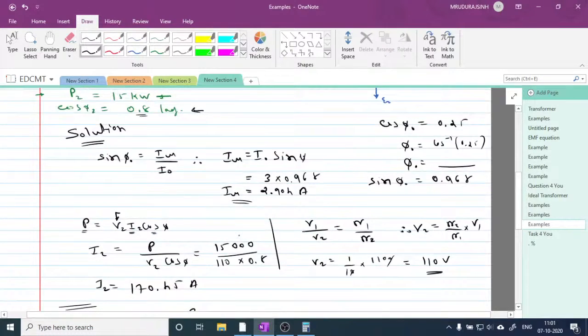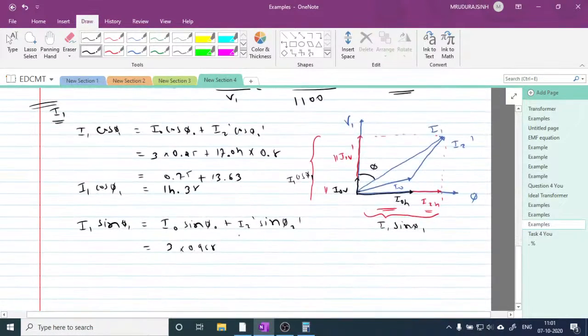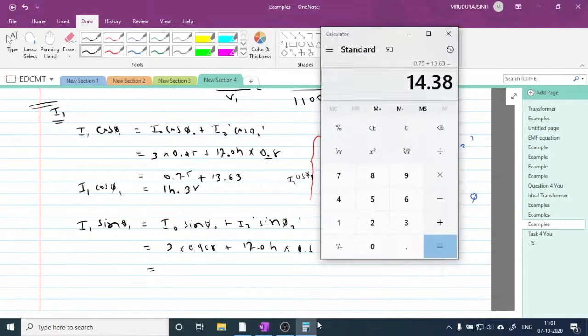Yes, it is 0.968. I2 dash is 17.04 multiplied by sin phi 2. When cos phi 2 is 0.8, sin phi 2 is 0.6. That you need to remember, it's always the same. So now let me calculate this.